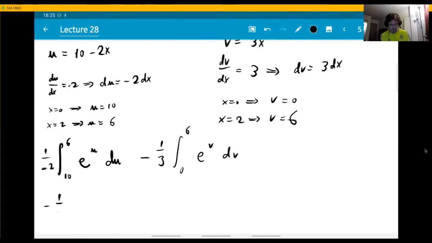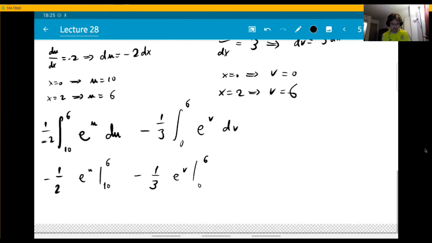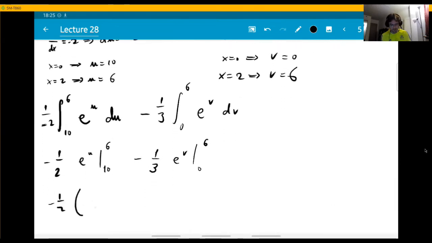So 1 over minus 2 is the same thing as minus 1/2. The integral of e to the u is e to the u. The integral of the exponential function is itself. And then the other one, minus 1/3 e to the v between 0 and 6. Now just calculate all of this. Minus 1/2 times e to the 6 minus e to the 10.